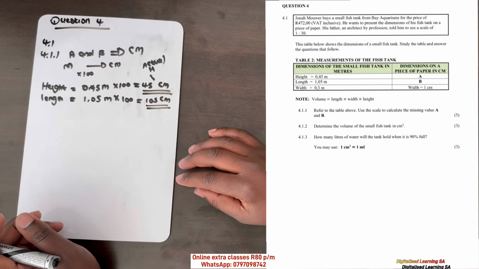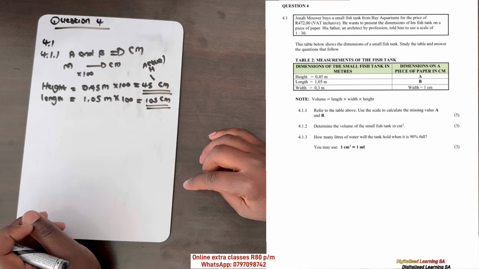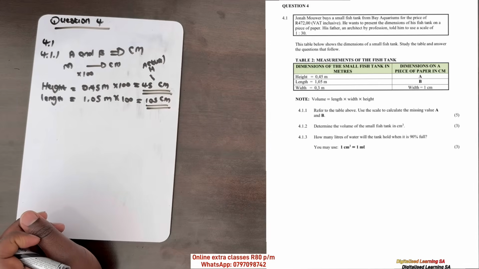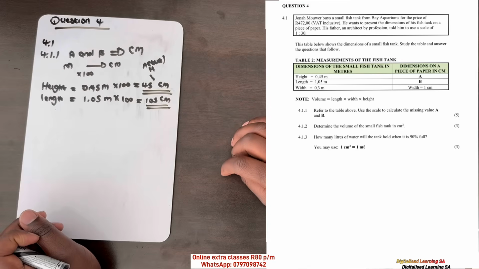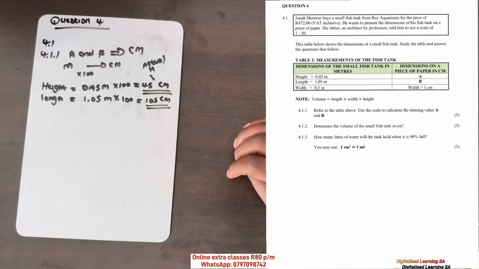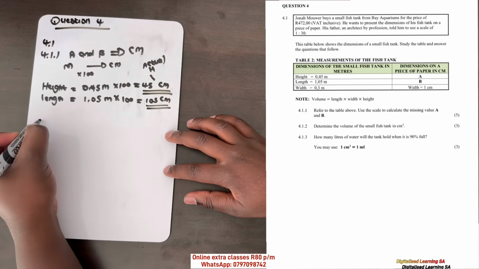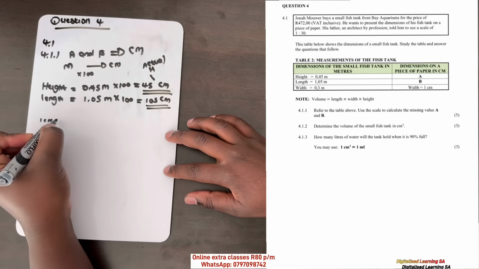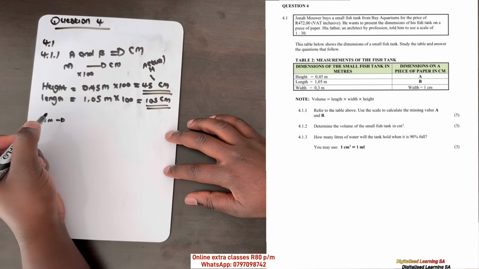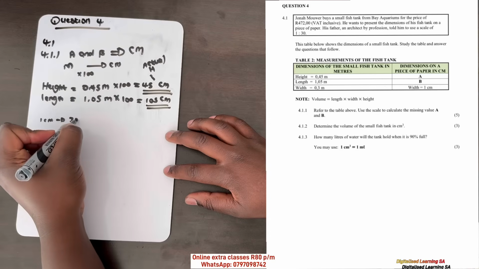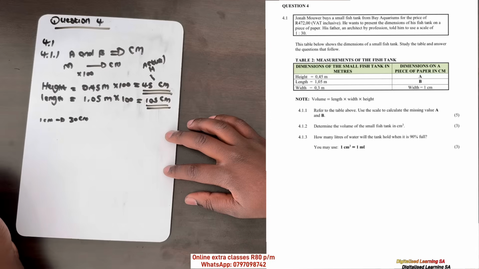If you go back to question 1, you will see that to use the scale 1:30 means that 1 centimeter on a piece of paper is equal to 30 centimeters in actual reality.